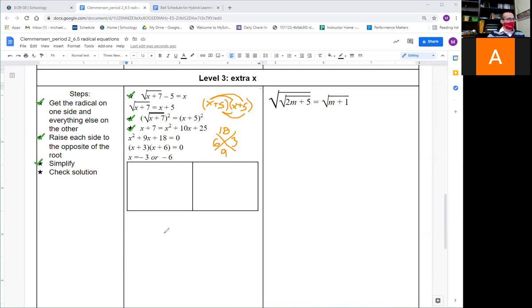Because I can set each one equal to 0 and go x plus 3 equals 0, or x plus 6 equals 0. So x equals -3 or -6.